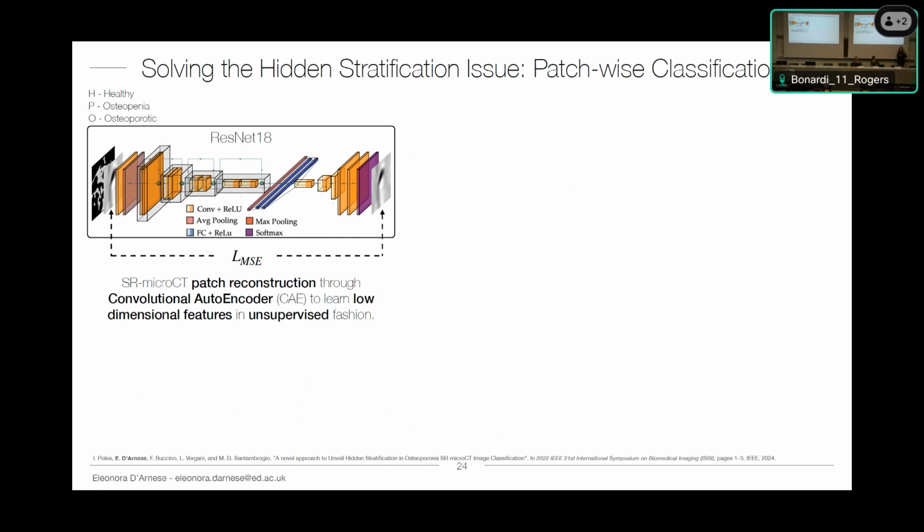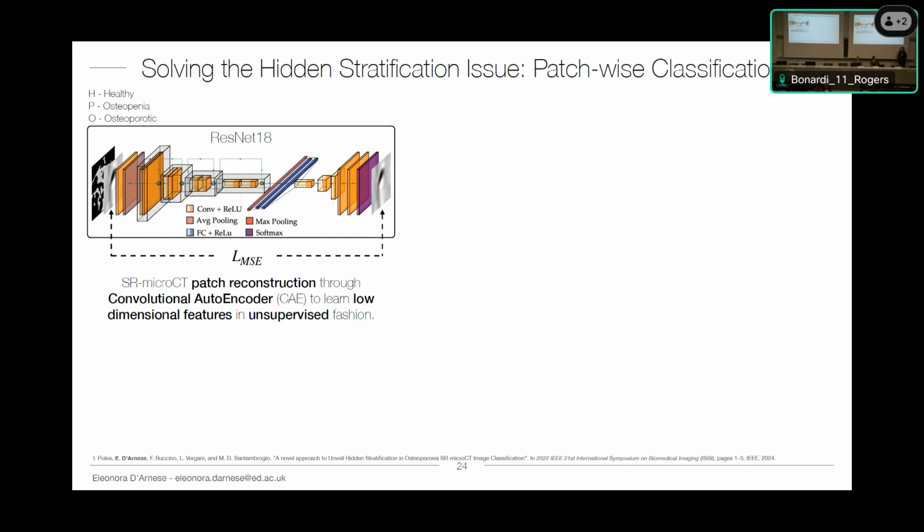So the idea that we came up with was that probably the label given at the macro scale was not representative of the information inside the image. Let's think about an osteoporotic person. If all the bone is osteoporotic, that person won't even be able to walk. So how is it possible that the entire sample is osteoporotic?